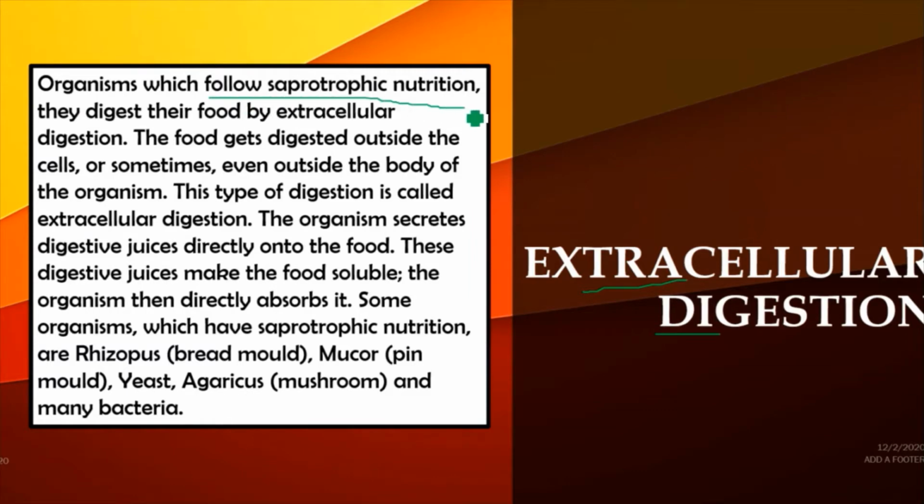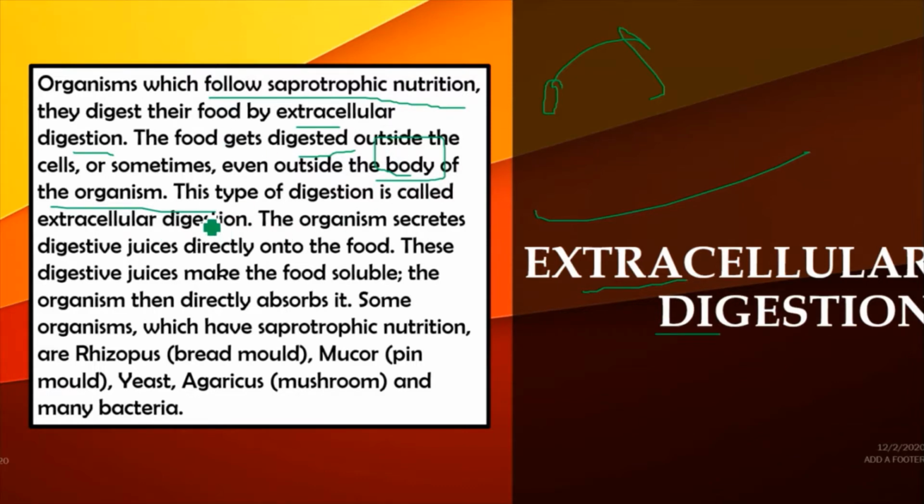So now, extracellular digestion. Organisms which follow saprotrophic nutrition, they do extracellular digestion. So they digest their food by extracellular digestion. The food gets digested outside the cells or sometimes even outside the body of the organism. This does not happen in humans.